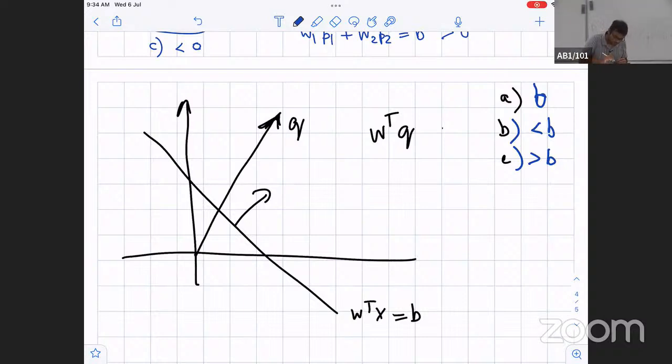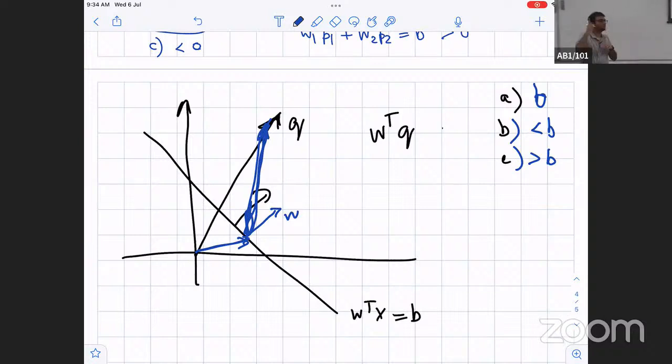Because W transpose Q can be broken down into a vector over here plus this vector, and this is your W. Then the same idea continues: W transpose that remainder vector is greater than 0, whereas W transpose with the other vector is equal to b.